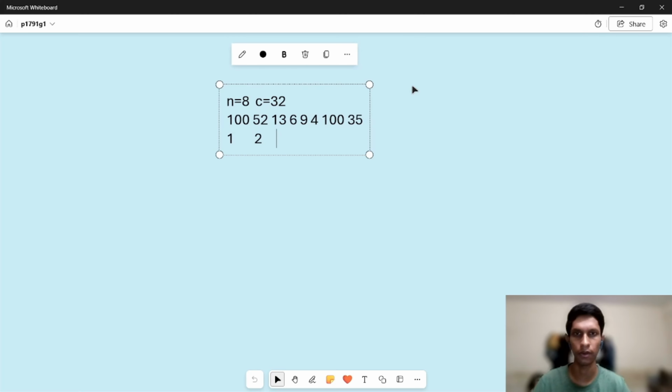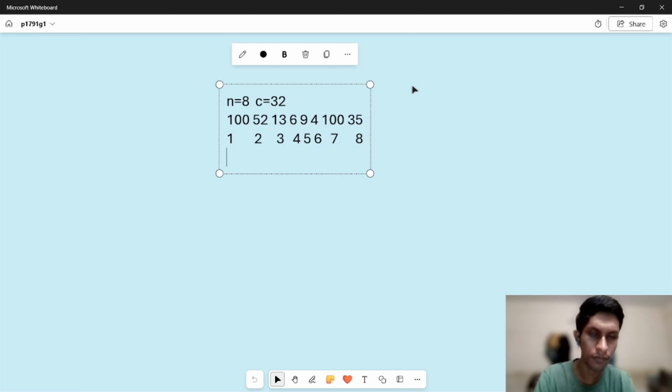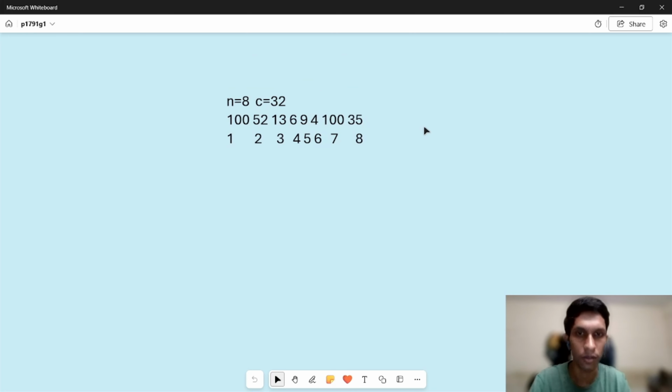This will be index 1, second, third, fourth, fifth, sixth, seventh, and this will be indexed as 8. So in order to use a door, we have to calculate two things. First, the cost of that door, and the cost of reaching that door.